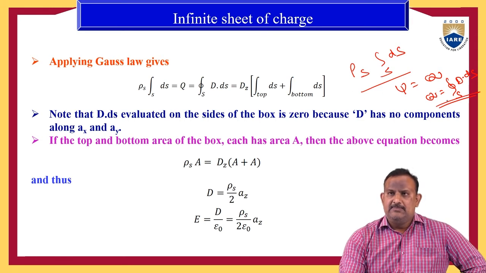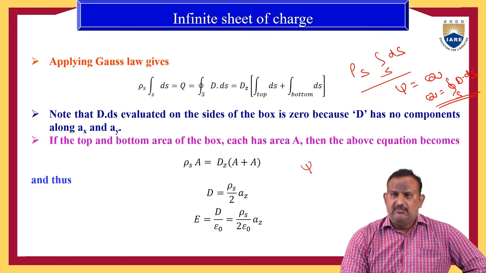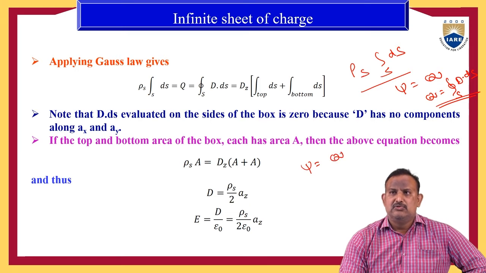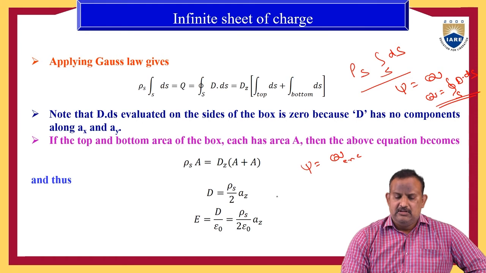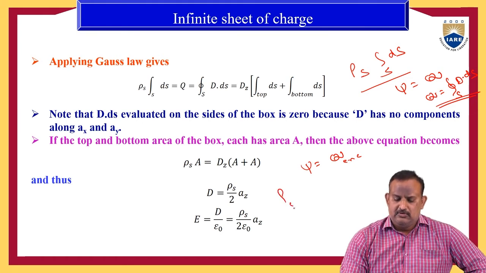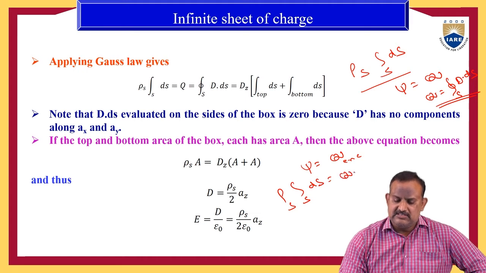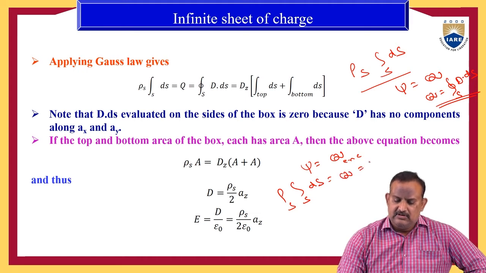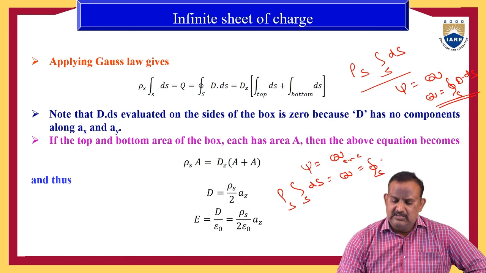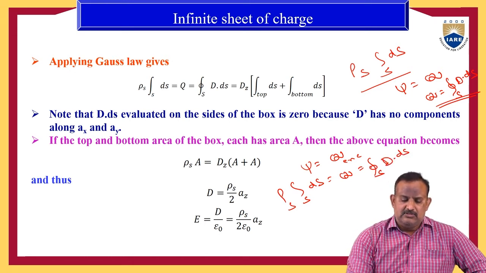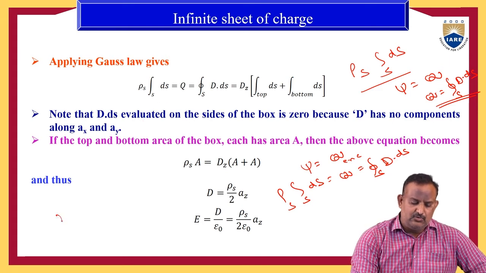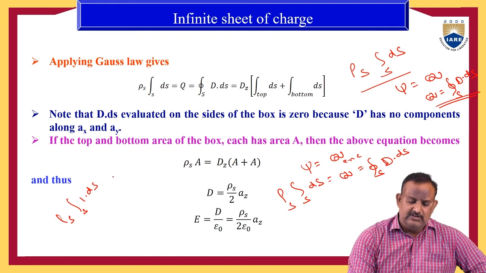So here, according to Gauss's law, the total flux psi is equal to the charge enclosed in the closed surface. Therefore, we can write rho s into the surface integral of ds, which is nothing but the charge, equal to the surface integral of D dot ds. Here it is rho s into the surface integral of 1 ds.